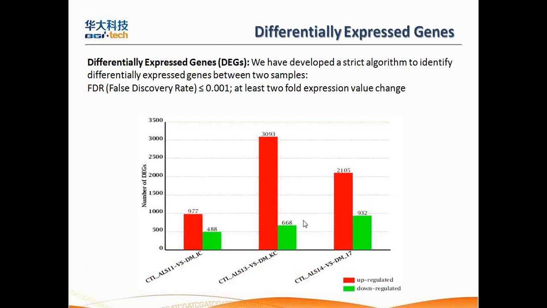Okay, so after we use RPKM or FPKM to get the information about the expression value of one unigene, something we care about is whether this gene is upregulated or downregulated in some biological process, or in some special stage, or in some special tissue.